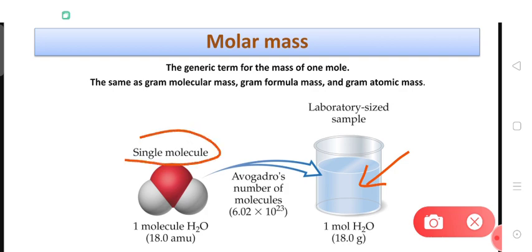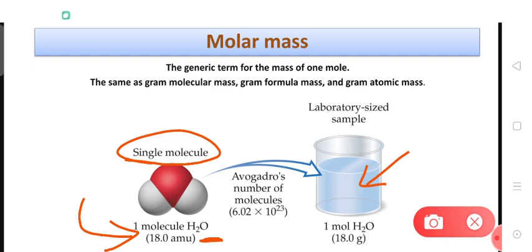This is the single molecule of water, and you know that the molecular mass of water is 18 AMU. We have just calculated that, right?